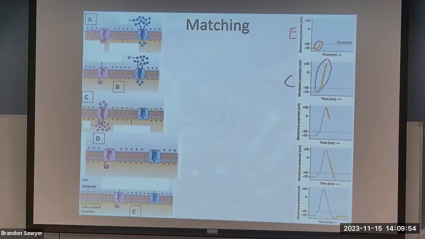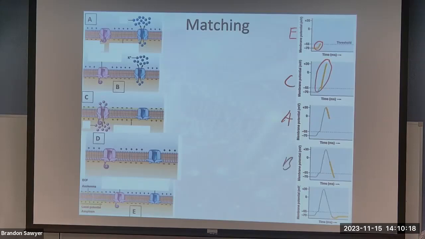We see the big depolarization happening, right? Now we're starting to repolarize in the next one. And so we'll call that one A, right? That was the beginning of repolarization. Okay, and then as we move down into hyperpolarization, we're going to reset the sodium channel.